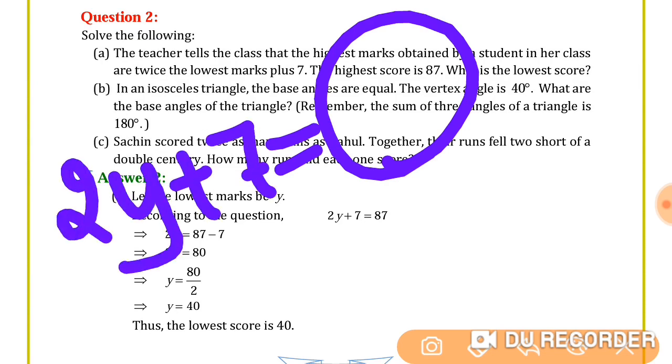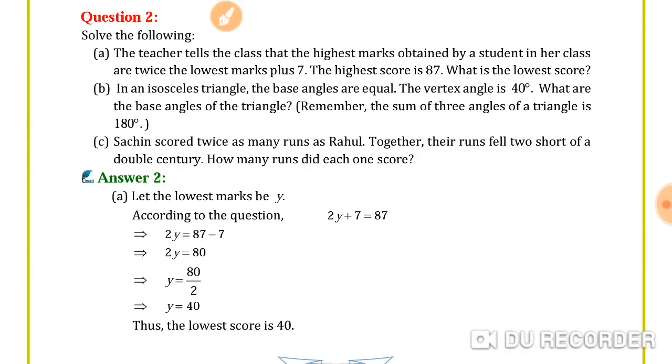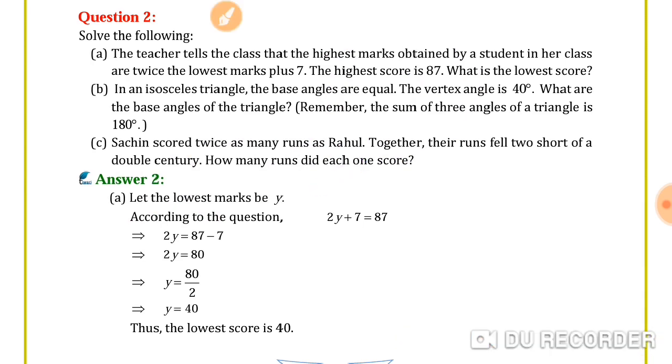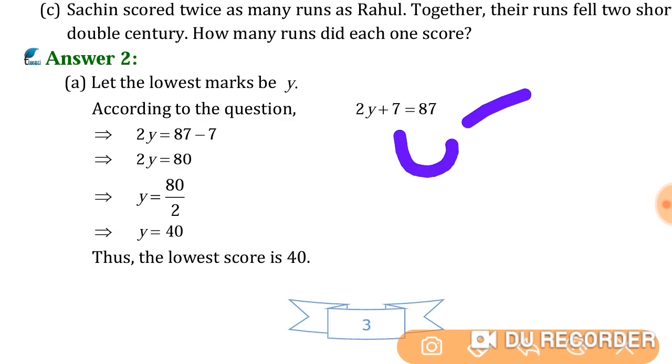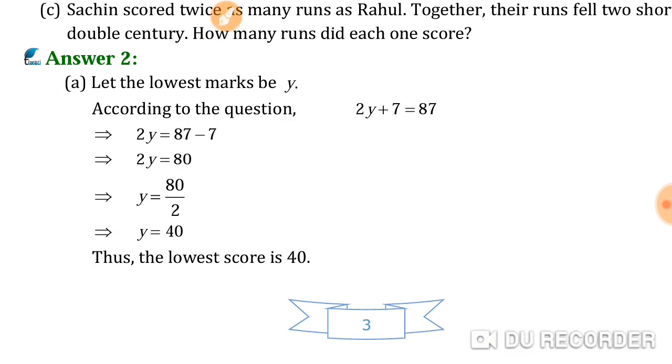So the highest score is 87. So what is the lowest score? So y we have to find. Then according to the question, the equation becomes 2y plus 7 is equal to 87. Then transfer the 7 that side, it becomes 80. So 80 by 2 is 40. So the lowest marks is 40 here.